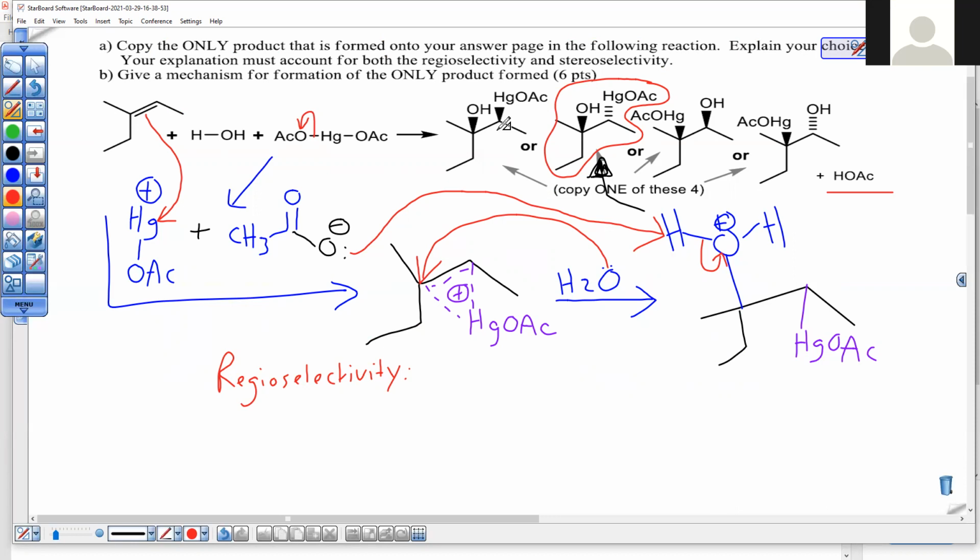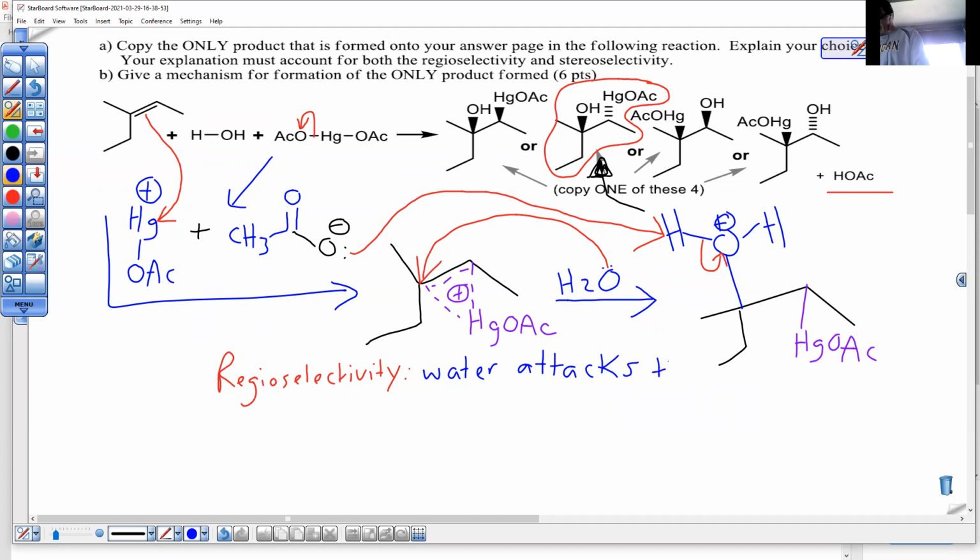And you're going to say water attacks the carbon that spends more time with a positive charge, and that's a complete answer right here. Water attacks. It's got a choice between these two carbons, this one and this one. Why does this carbon spend more time with a positive charge? Because it's got three groups on it, 3 carbons attached.